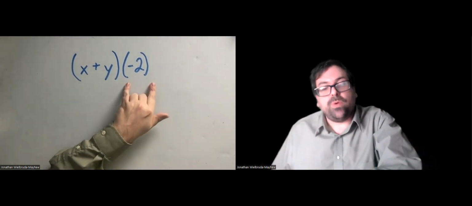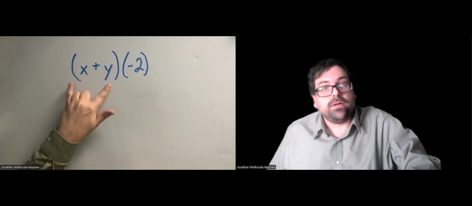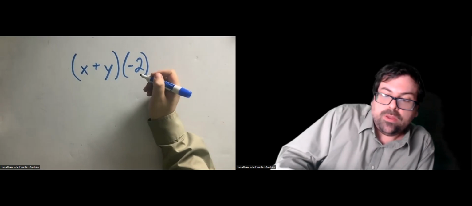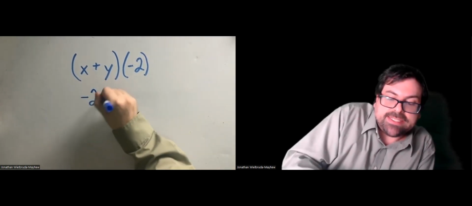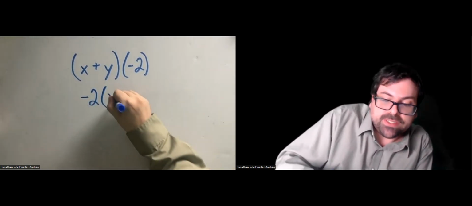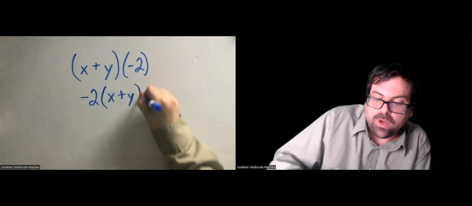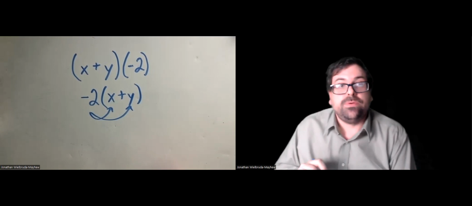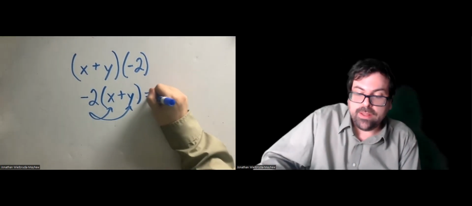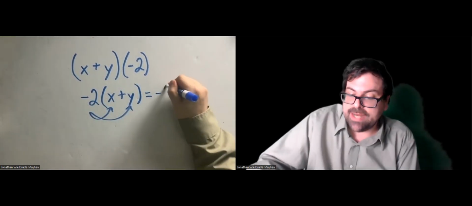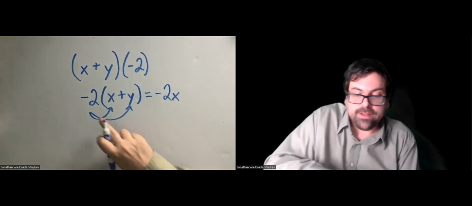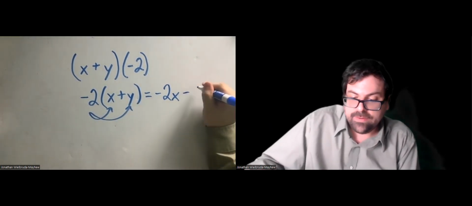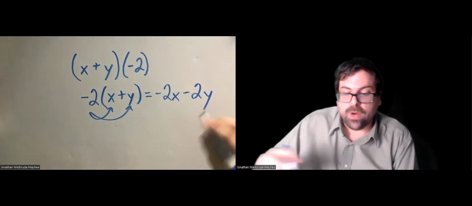But remember, we can multiply in any order using the commutative property, which means this is exactly the same as the -2 first times x plus y. And then we can distribute the -2. -2 times x is -2x. -2 times positive y, -2y.